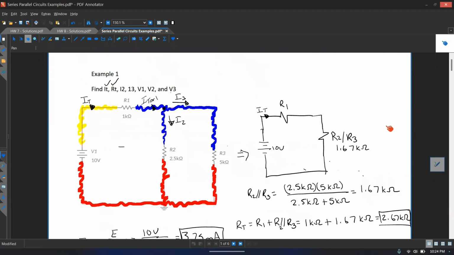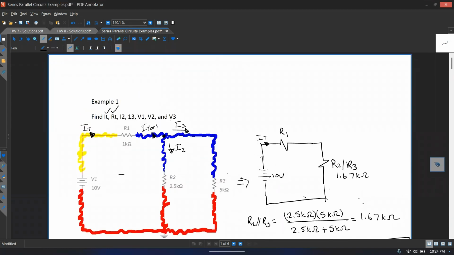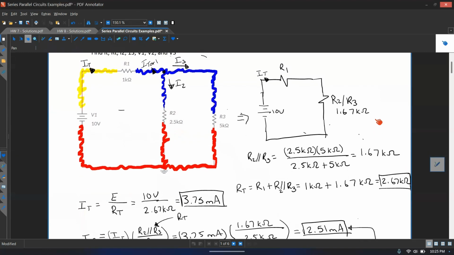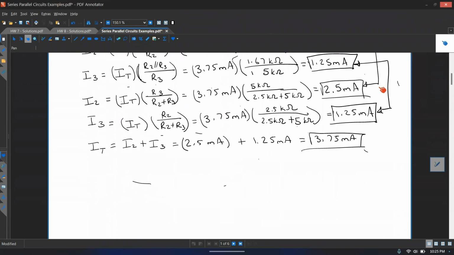But let's go back up here and make sure we got everything. So we got I1, I2, and I3. All right, so what about V1? For V1, we can just do a quick Ohm's law calculation.